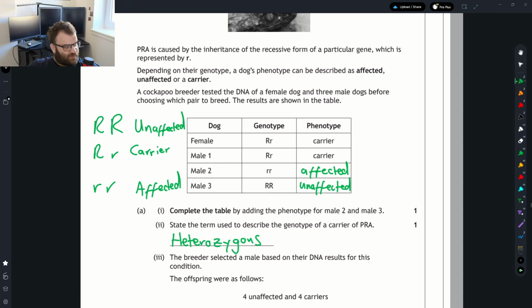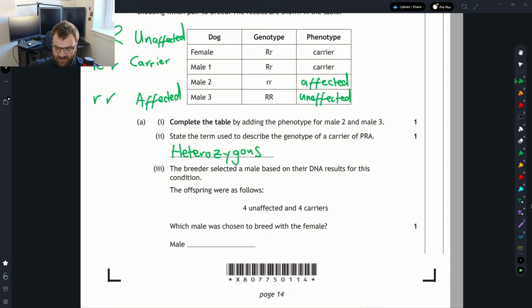Which male was chosen to breed with the female? Now, there might be a shortcut, but I think a good way to do it would just be to go through each of them. If this is the female, she has bigger, littler. Let's just try out the different combinations.